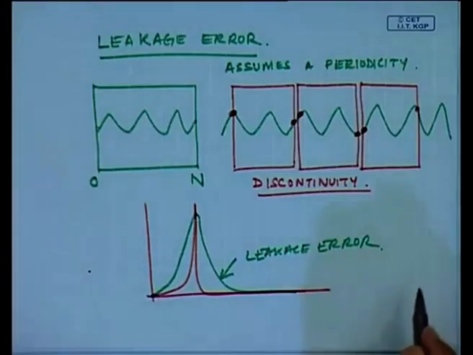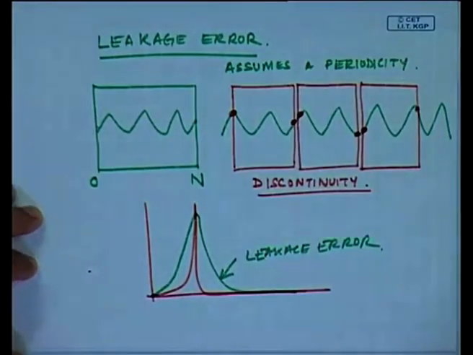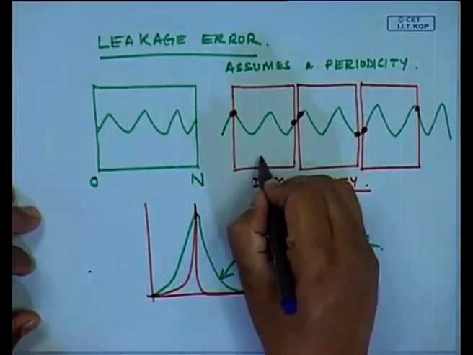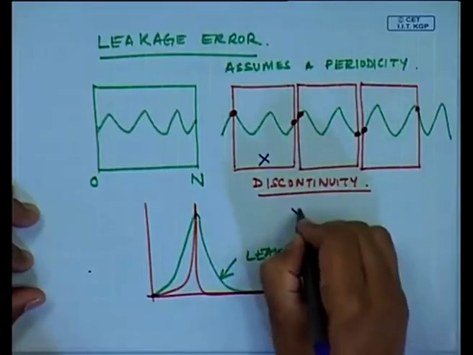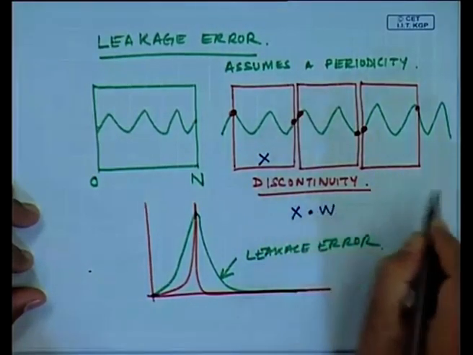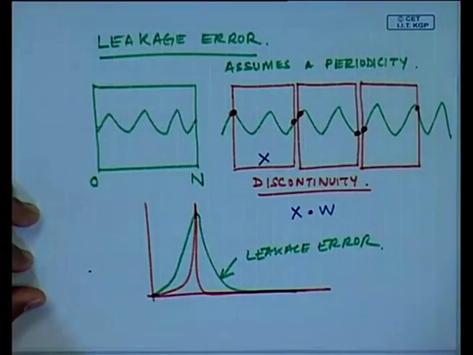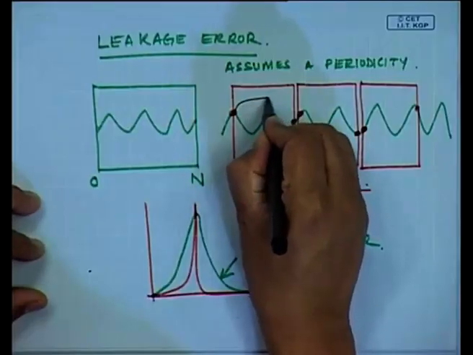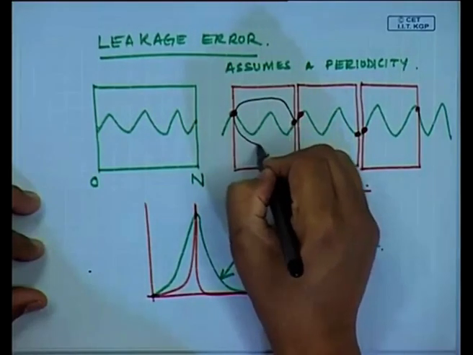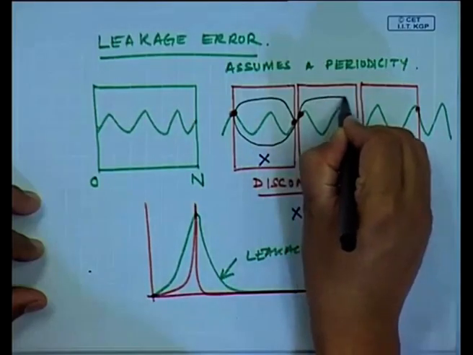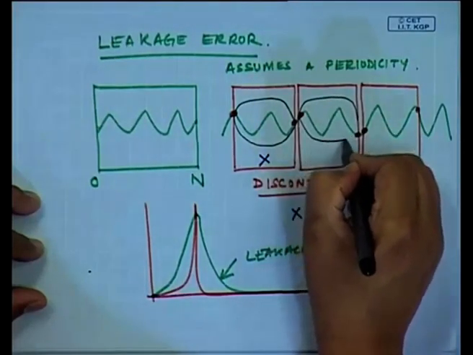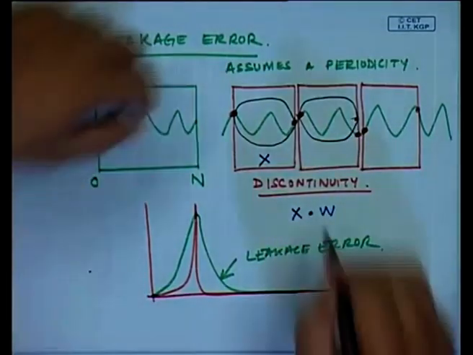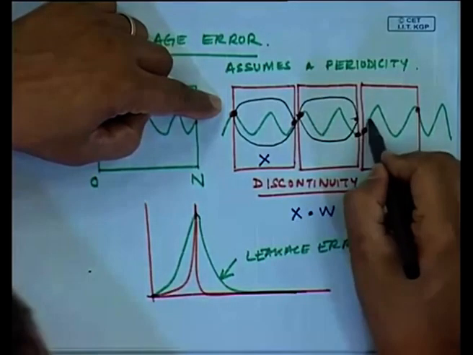This is avoided if I multiply it with a function, a dot product, because this is the sample data x. If I multiply x with a windowing function, wherein the window function looks something like this, so at all the endpoints it multiplies them and makes them 0.